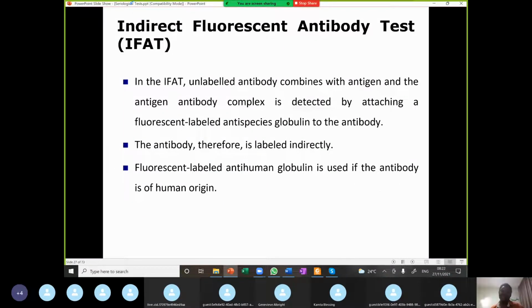So if the antibody did not bind to our antigen, when we add the labeled antibody, there will be no binding. And in this second washing, we are going to wash all labeled antibodies that are unbound. And at the end, we'll observe under the fluorescence microscope for fluorescence.